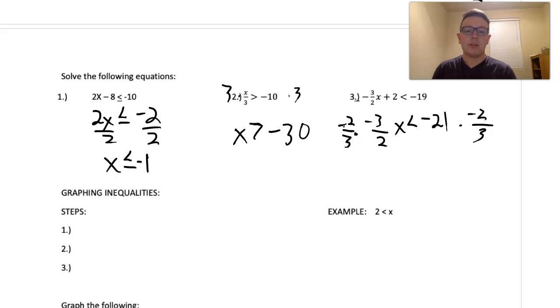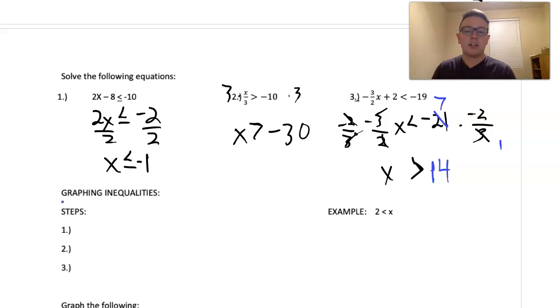We're multiplying or dividing by a negative. So this sign is going to flip. This all will cancel out. So we're left with x being greater than, let's see, negative 21 and 3. We can reduce that, so that becomes 1, and that becomes 7. So this becomes negative 7 times negative 2, or positive 14.